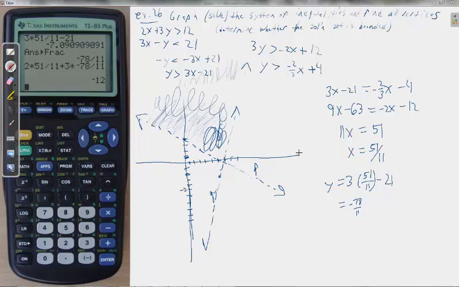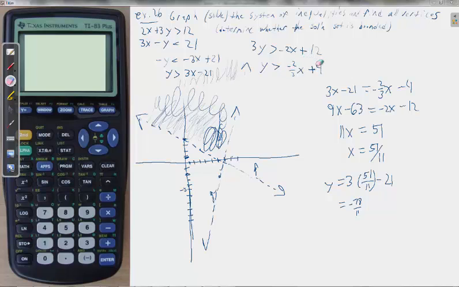The vertex then, okay, that would have been plus 4, plus 12, I screwed up, didn't I? It was the 21 that was the problem.